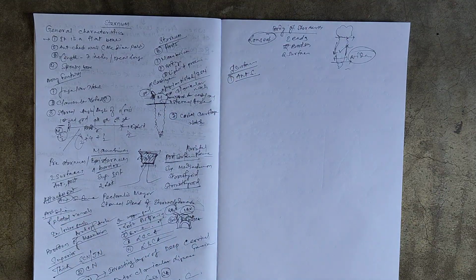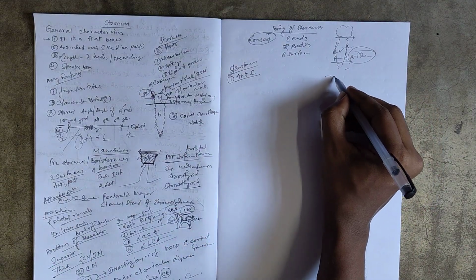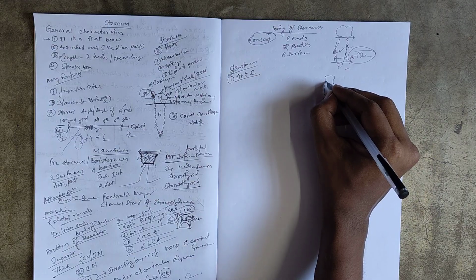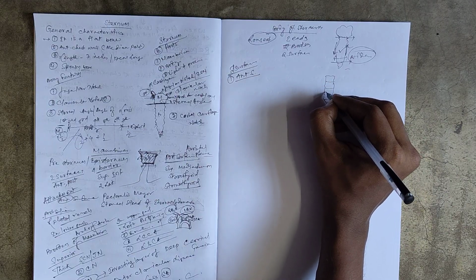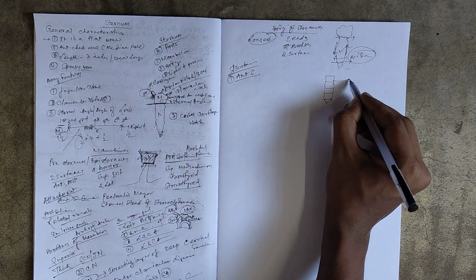Anterior surface. The anterior surface shows three ill-defined horizontal ridges. So what are those? These are the ridges.